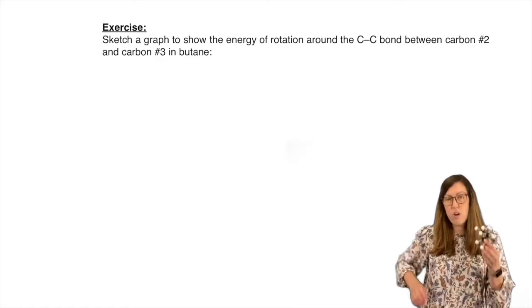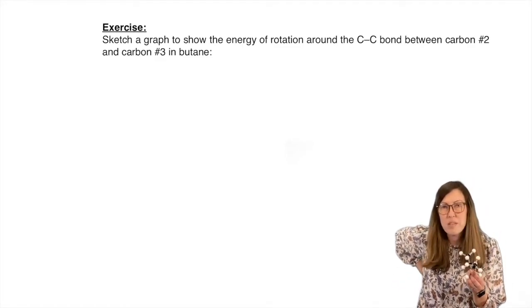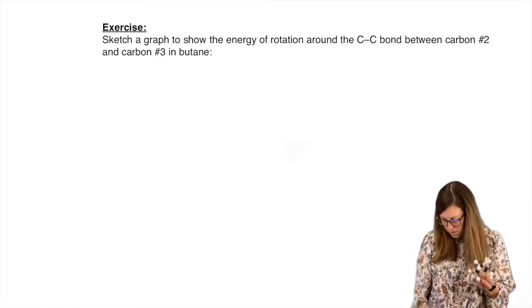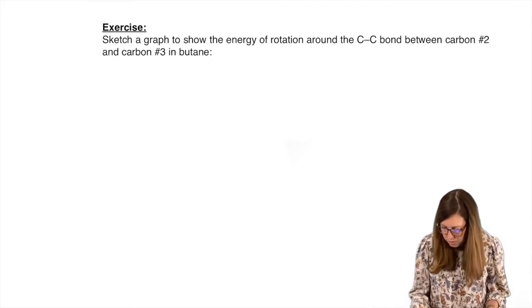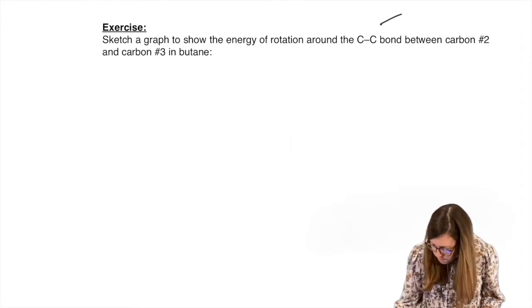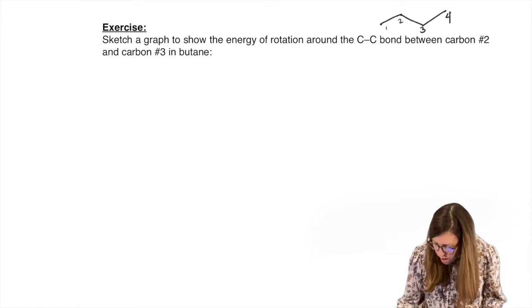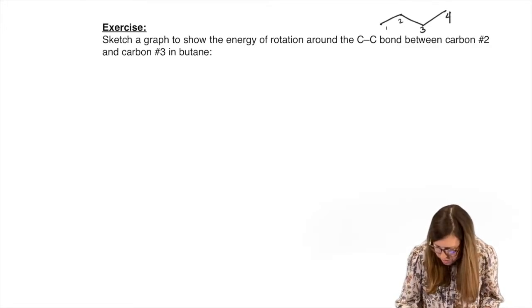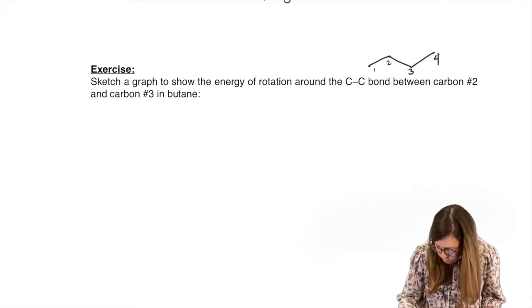We are going to draw all of the possible conformations of butane down the C2-C3 bond. So in other words, butane: one, 2, 3, 4. Your eye is looking between carbon 2 and 3. Let's bring this down a little.